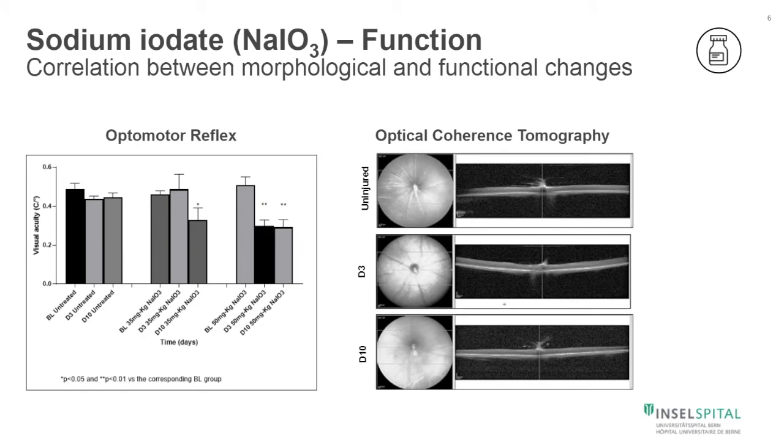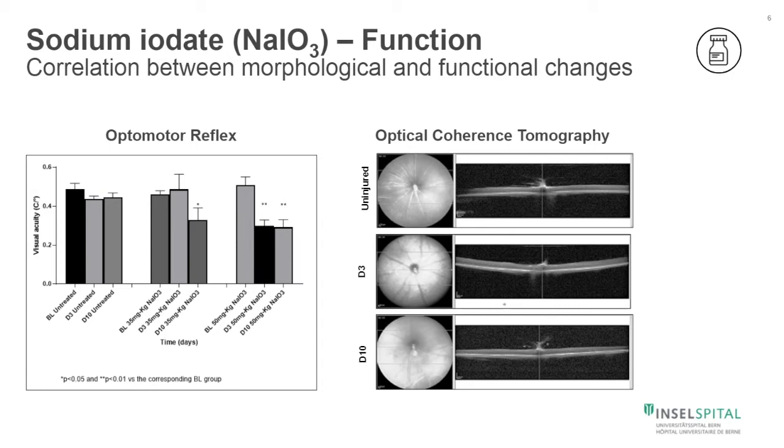When you look at the left, you have a graph of the development of the visual acuity in untreated mice, where you can see that over time there is no significant change in visual acuity. But when you treat the animals with sodium iodate in different concentrations, you can see over time and regarding the concentration, a significant decrease in visual acuity.